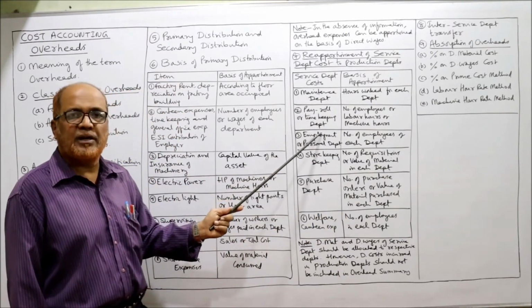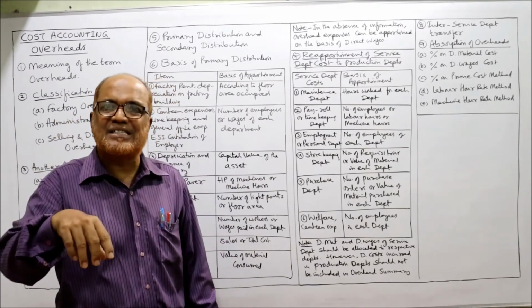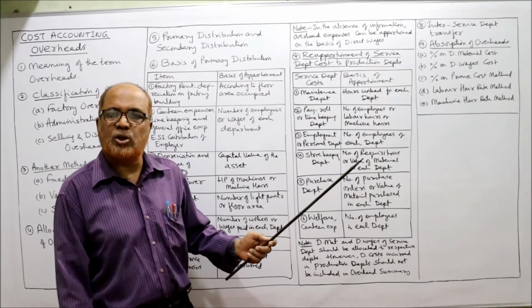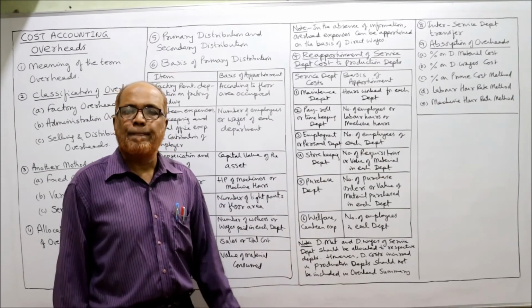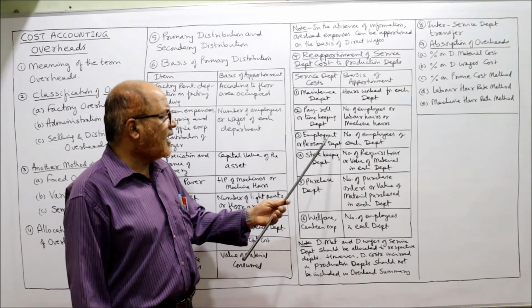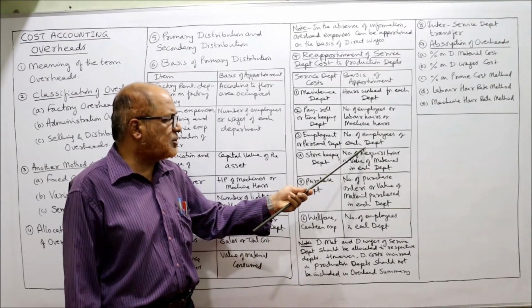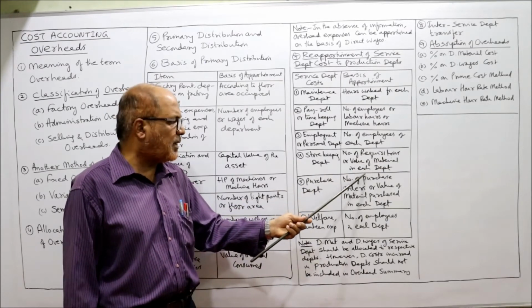Payroll or timekeeping department is also one of the service departments. The total of this payroll department will be reapportioned to production departments in the ratio of number of employees or labor hours. How many machine hours, how many labor hours are worked. Then employment or personnel department, same: number of employees of each department. Storekeeping department: number of requisitions or value of material in each department.